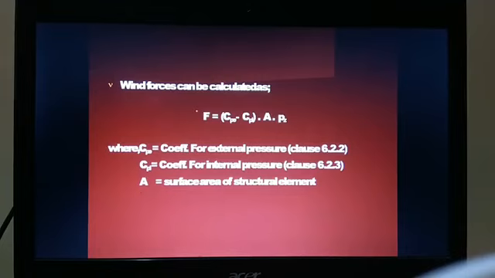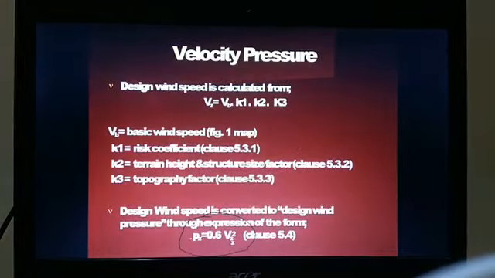So this is the formula used to calculate the wind force, this is the formula for wind pressure, and this is the formula for wind speed.